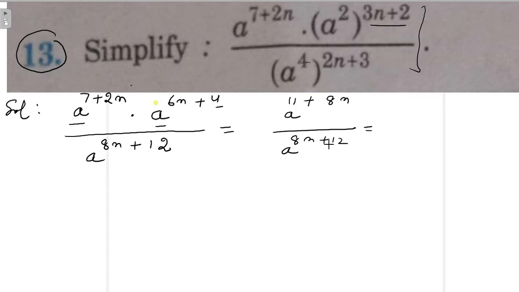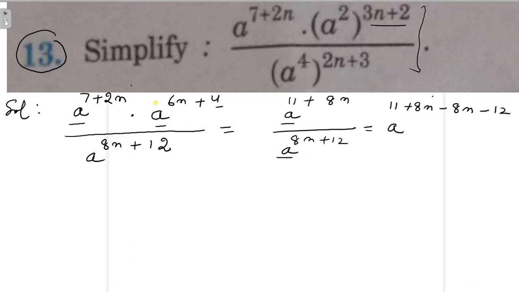Now the base is the same, again we will move these powers above. By going from denominator to numerator, they will become minus. So a raised to power 11 plus 8n is already there. This 8n is going to be minus here, and this 12 is going to be minus here.